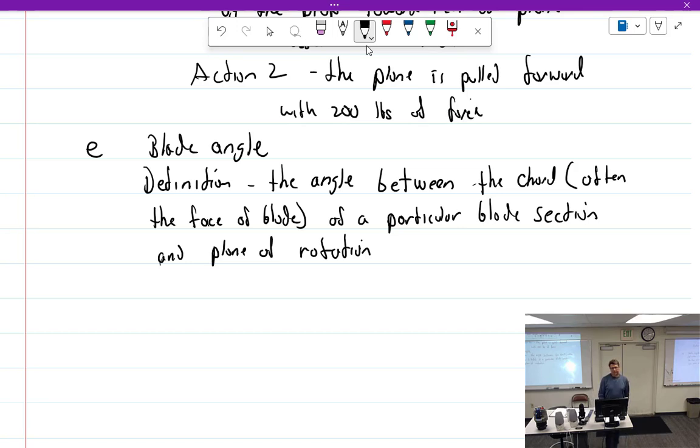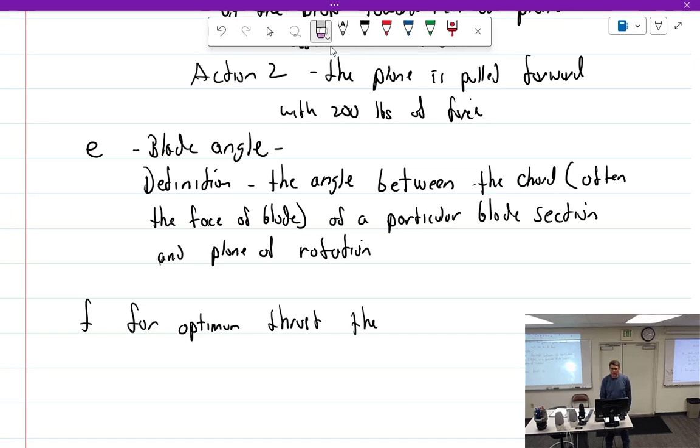All right, so blade angle. This is going to be an important one. We talk a lot about it. Angle between the chord line and the plane of rotation. There you go. Let me see, I can write this better than I wrote it here. Optimum thrust.